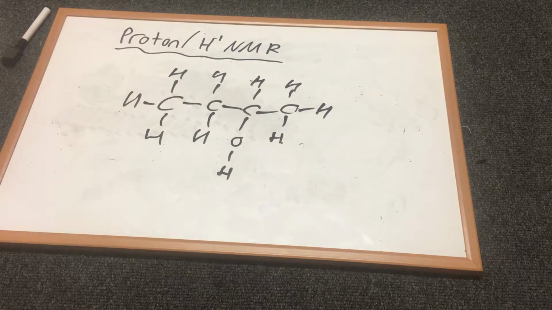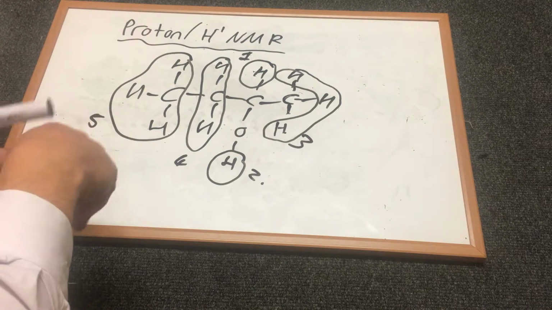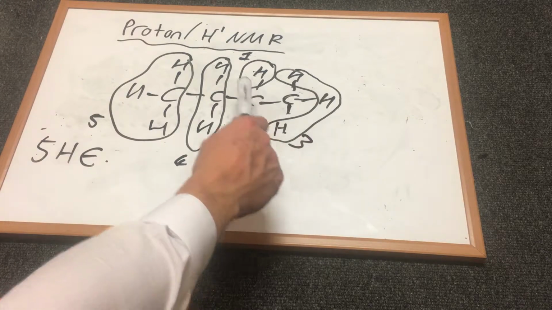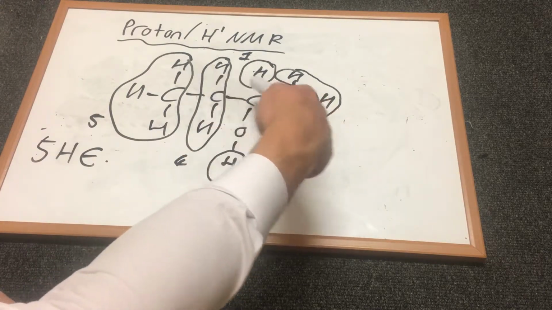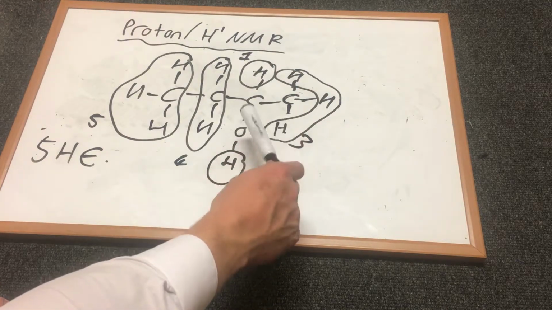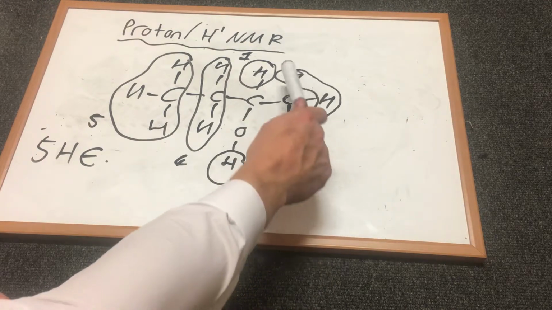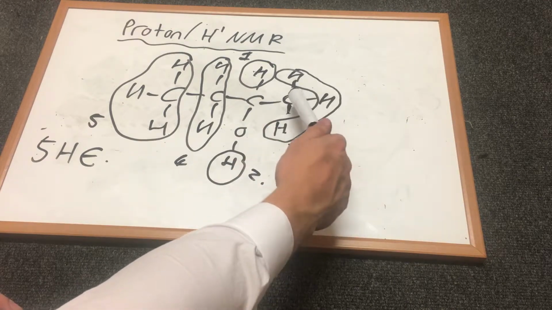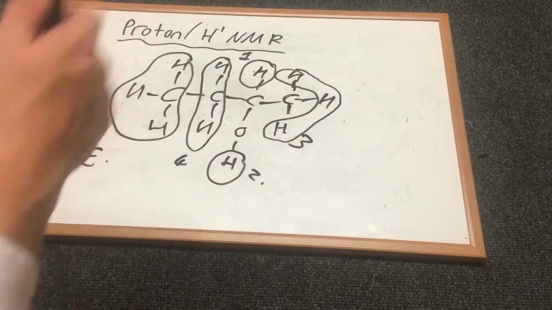Okay, so pause the video. And hopefully you came with the answer of 5 proton environments. The reasons being, number 1, this proton's connected to a carbon, which is bonded to 2 other carbons and an oxygen. Environment 2, this proton's connected to an oxygen. Proton environment 3, these protons are bonded to a carbon, which is bonded to a carbon with a proton and an oxygen.